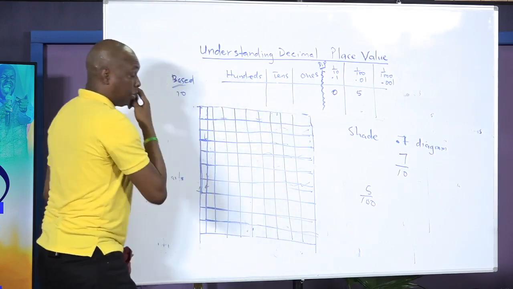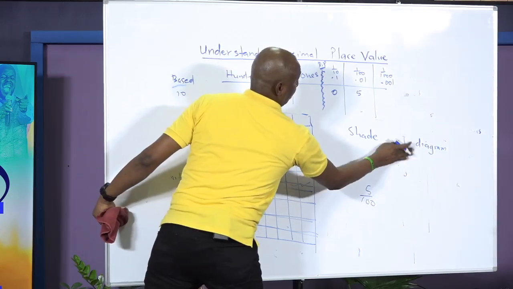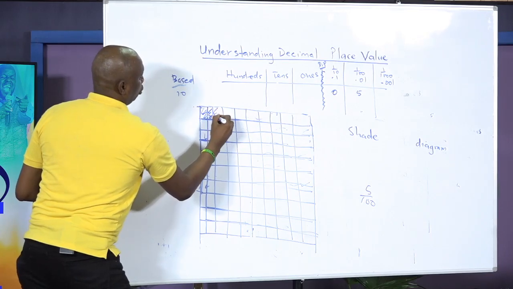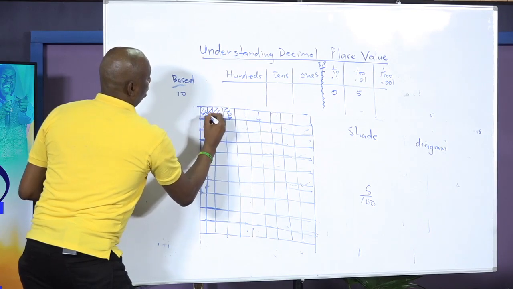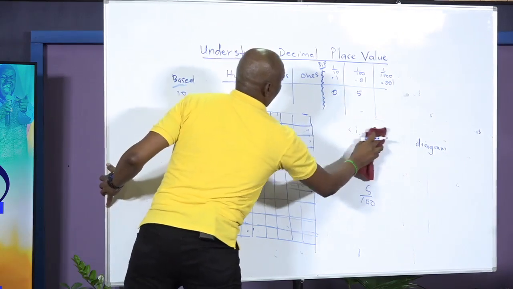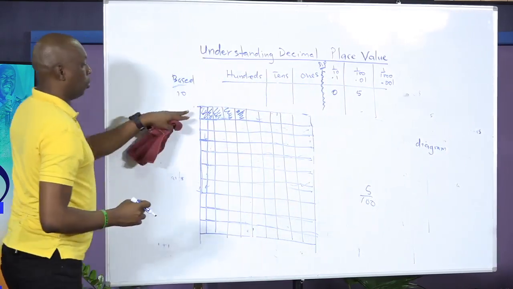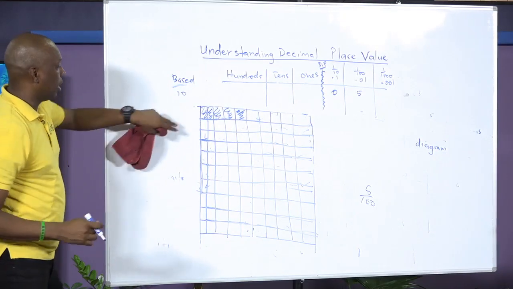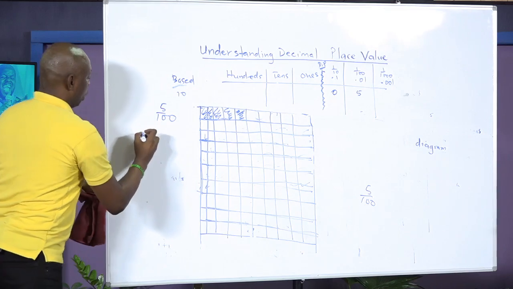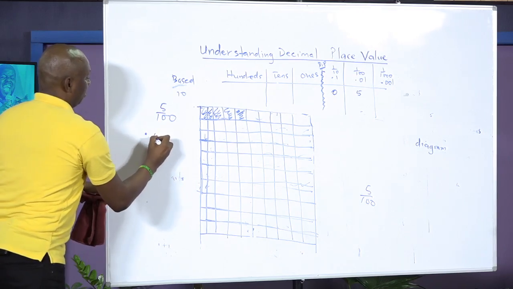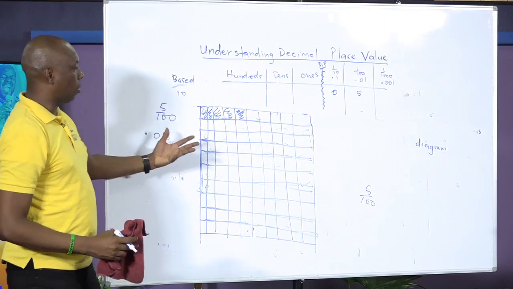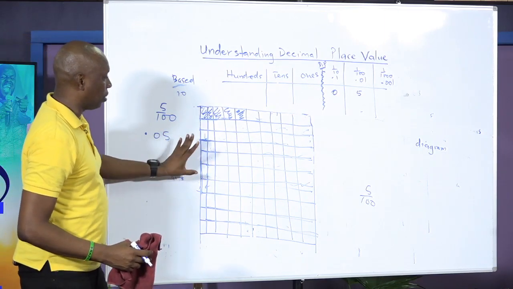So instead of shading the 7 broad strips here, I would now shade in 1, 2, 3, 4, 5. And this would be a representation. Notice the area that I'm covering now. This would now be 5 out of 100 parts, or 0.05. So that's another way where I would have given you something to look at and to shade.